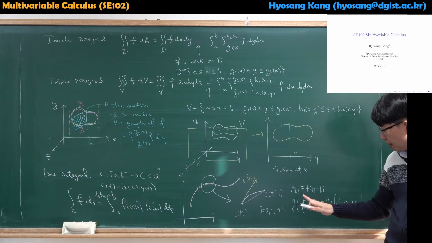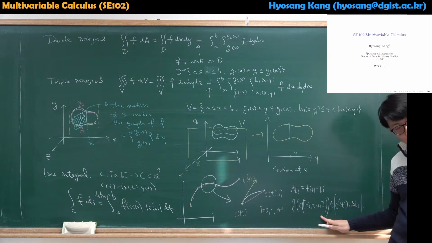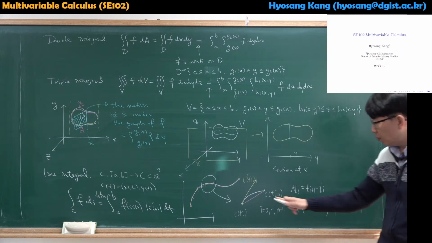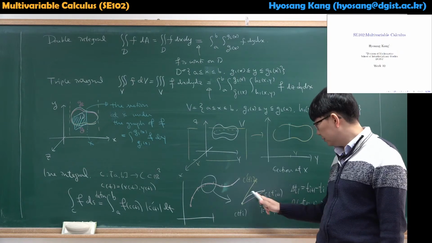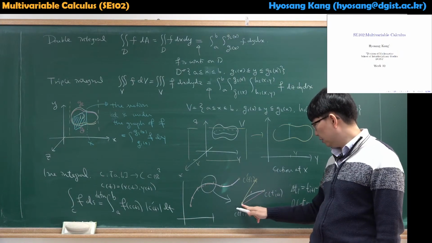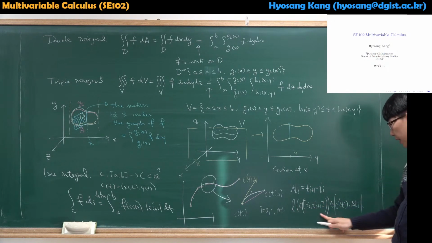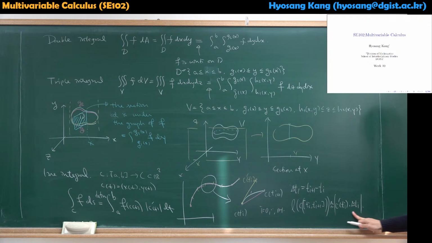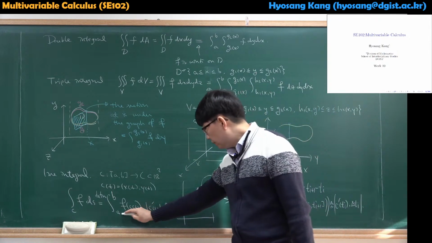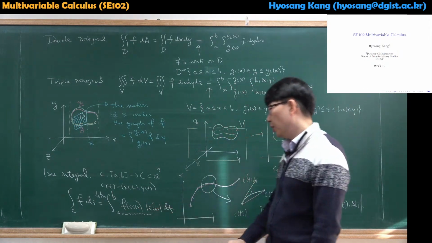I'm going to multiply the length of the small segment with the value of the function on this line segment, and then add them all. So I'm going to replace the length of the line segment with the length of this vector, and then add them all. So this is what we are doing here.